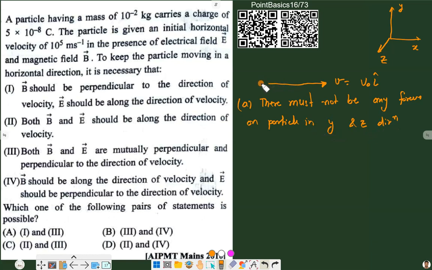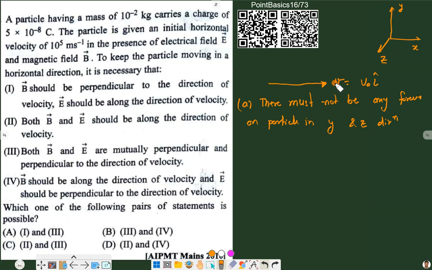As the particle continues to move in the horizontal direction, the particle can have force in x direction that can either increase its velocity or decrease its velocity, but the direction will stay the same. So force can be in x direction, but force cannot be in y and z direction.